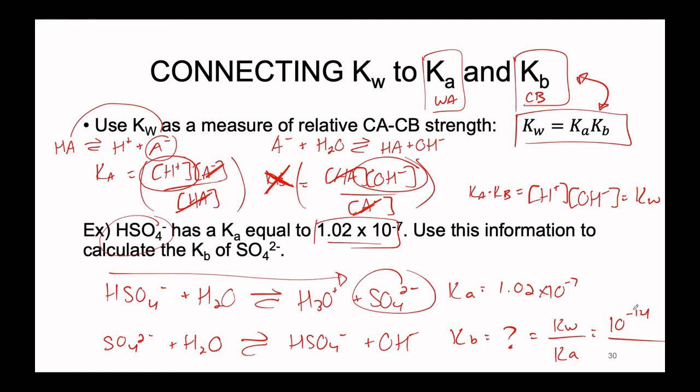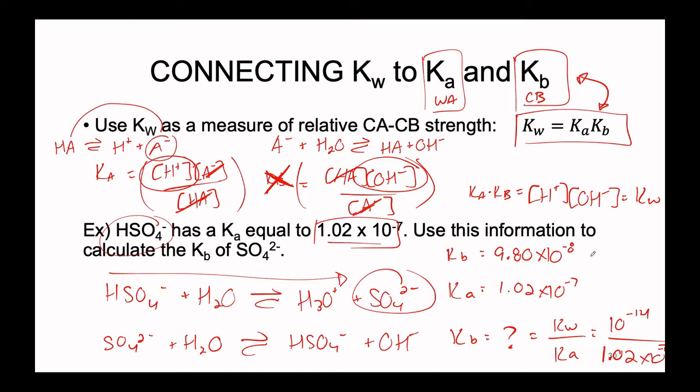All right, so we have our Kw. It is equal to 10 to the negative 14. We're going to divide by the Ka that we have just been told, the 1.02 times 10 to the negative 7. And this is going to give us an overall Kb that is equal to 9.80 times 10 to the negative 8.